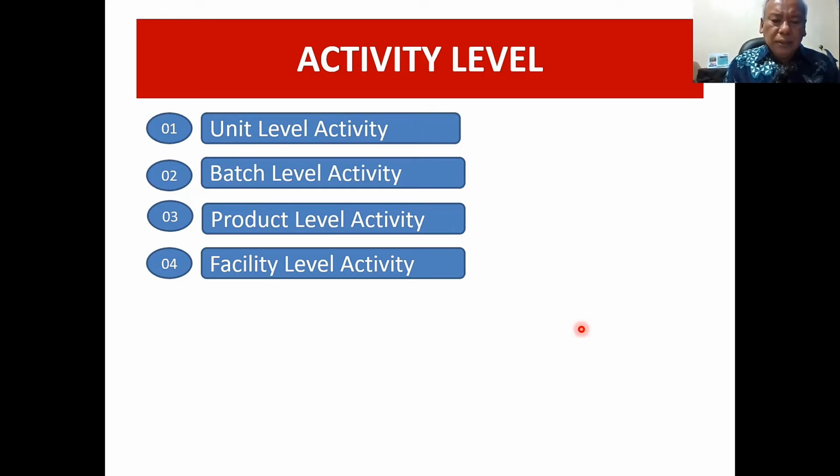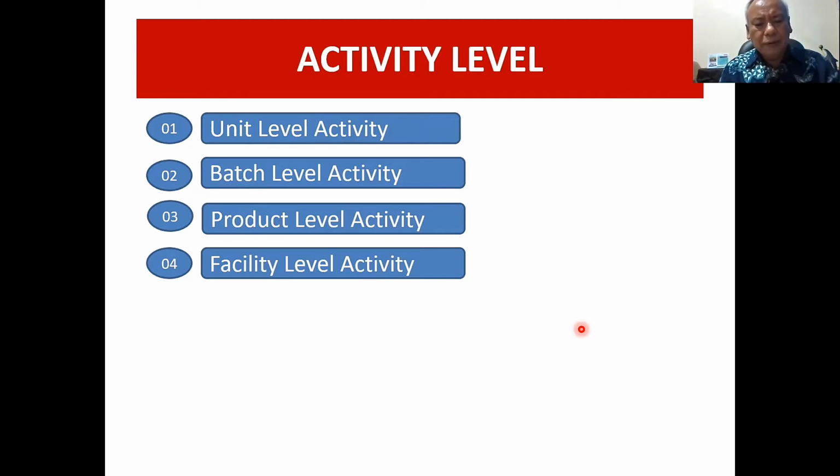For example, the inspection activity. The inspection is conducted by sample. For example, we inspect every hour. So the number of units produced each hour might be different.